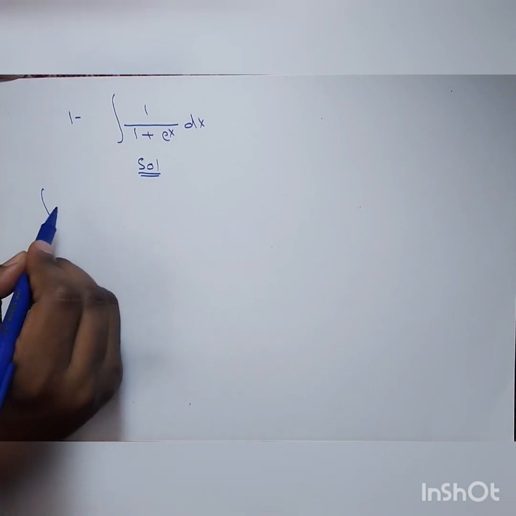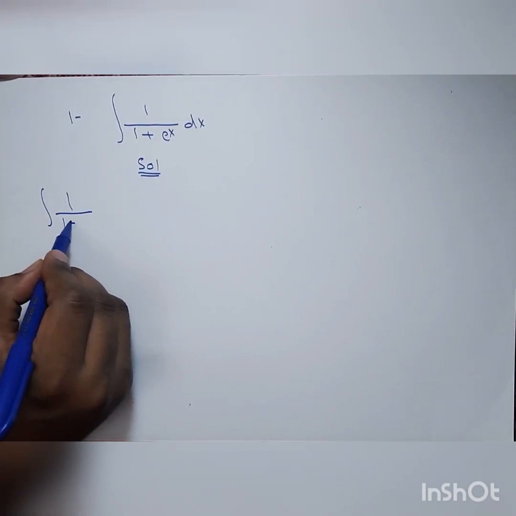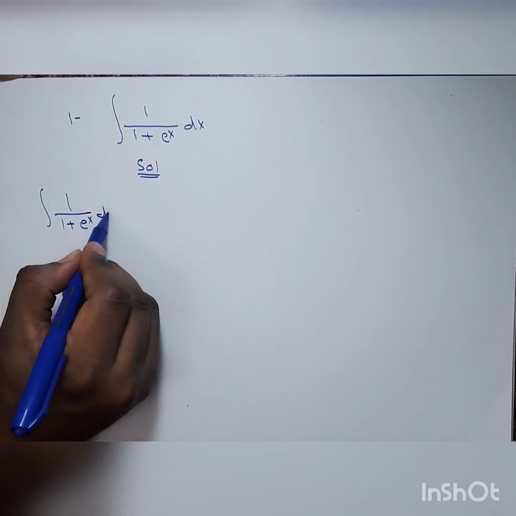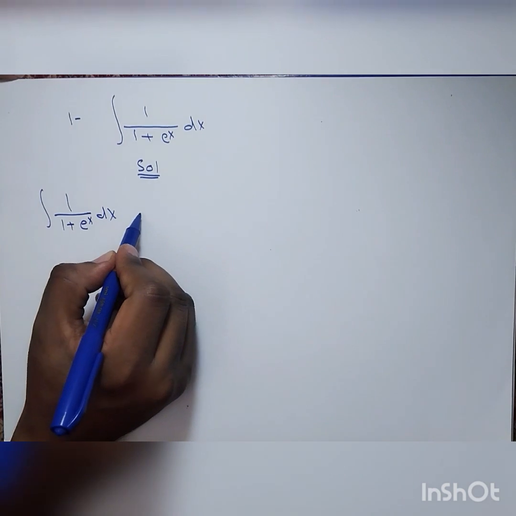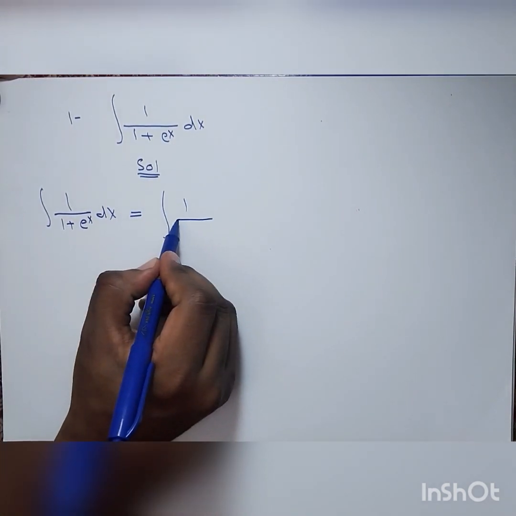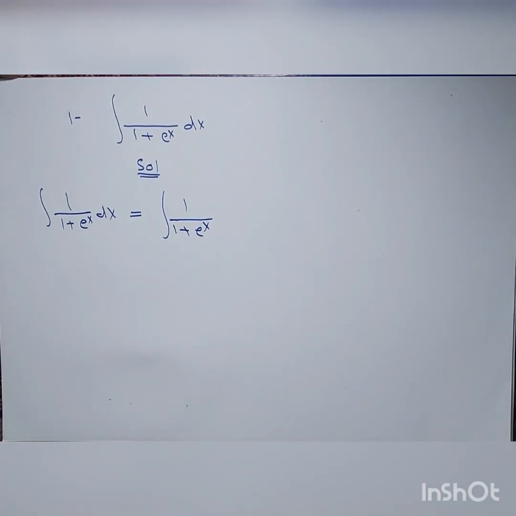So we rewrite it down here again: 1 divided by 1 plus e to the power x dx. So this is the integral again. Now we can write it as follows: 1 divided by 1 plus e to the power x again.